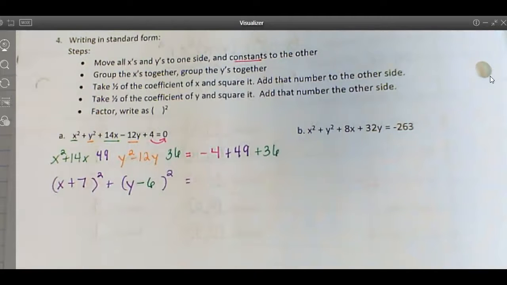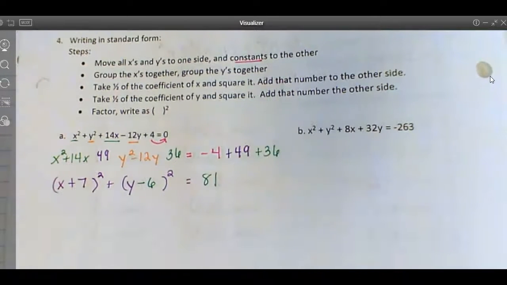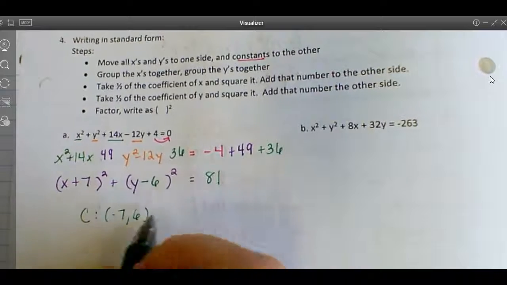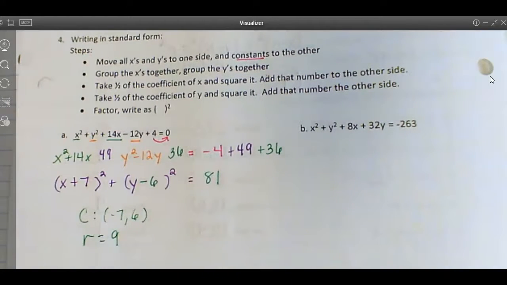So -4 plus 49 plus 36. You can do it in Desmos if you want to. And you get 81. And now, from looking at this equation, I can tell that the center is -7, 6, and the radius is 9.